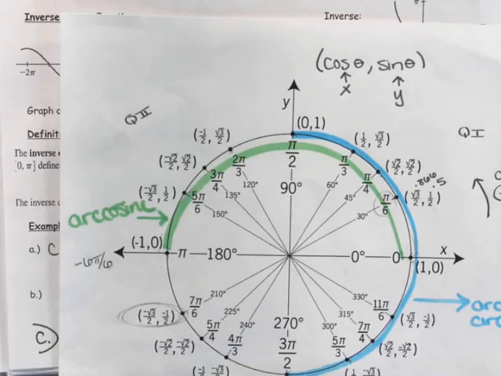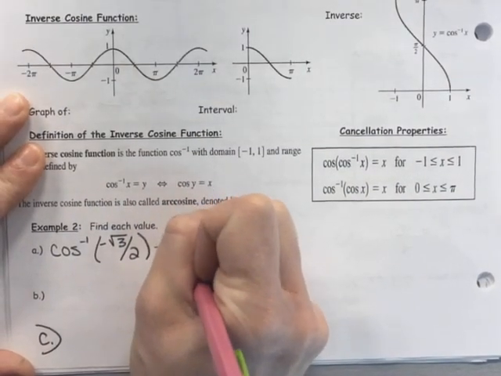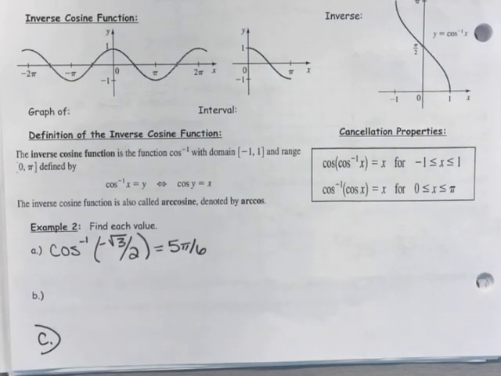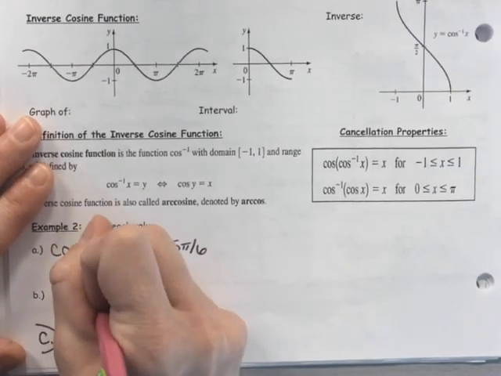What angle would take me to a cosine value of -√3 over 2? 5 pi over 6. Like I said, it's a lot of work to explain it for that to be your answer. We had a lot to talk about first, and then the answer is pretty quick to get.